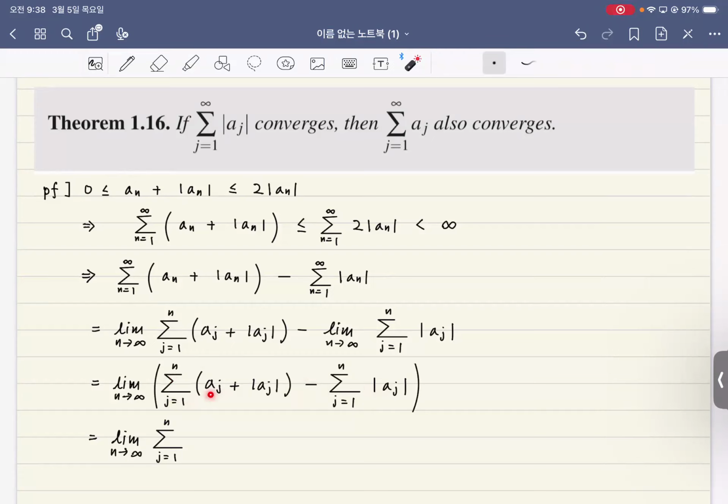So actually this is about the difference between two finite series, which is just aj from 1 to infinity. All right, so this equals this, but we already know this is finite, so this is also finite. In other words, this is convergent.